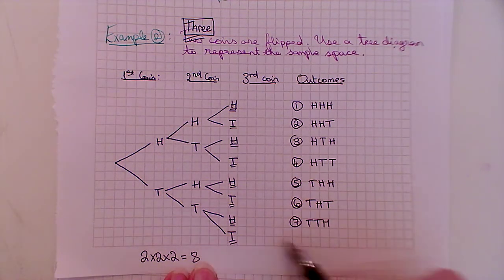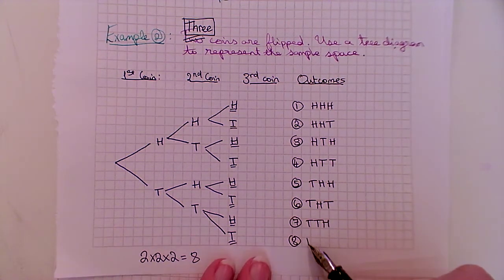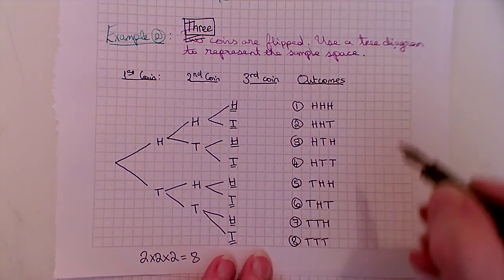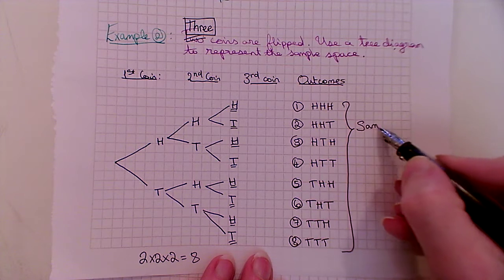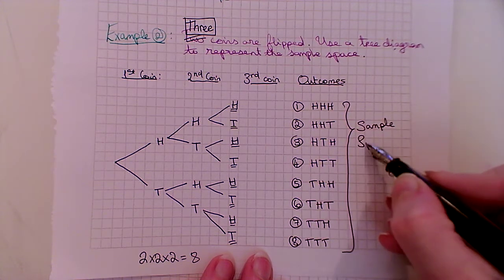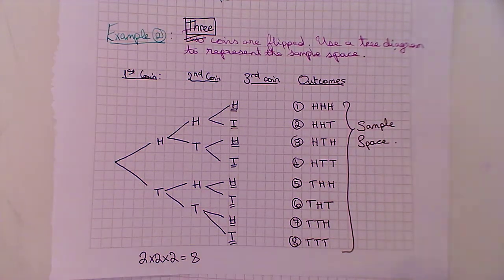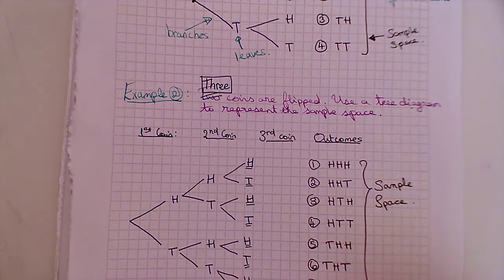And finally, 3 tails in a row. So that's my sample space of 8 different outcomes. Okay, so that's what tree diagrams are all about.